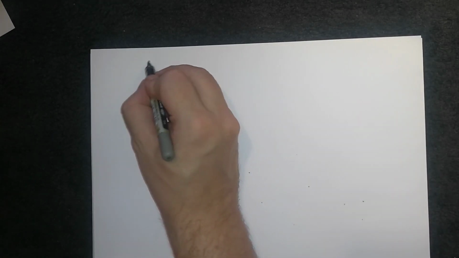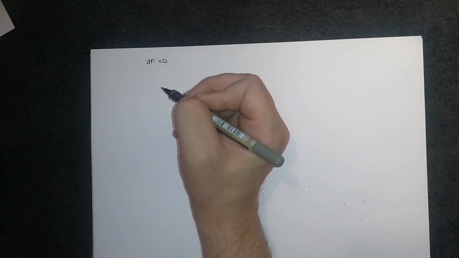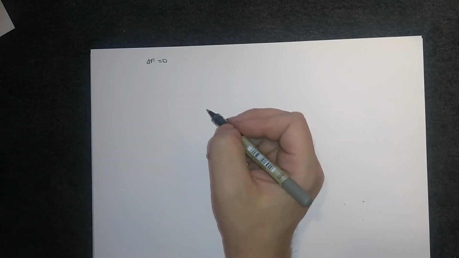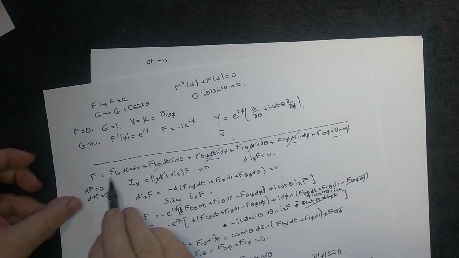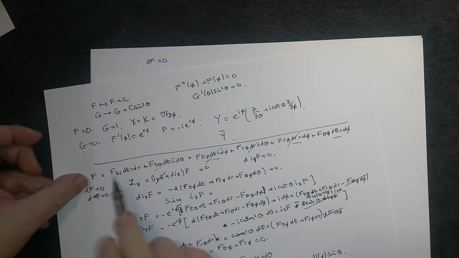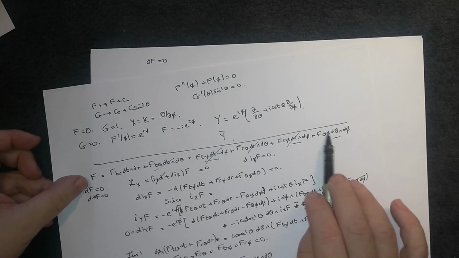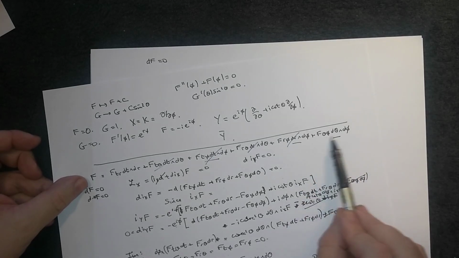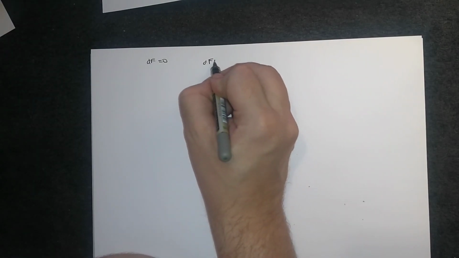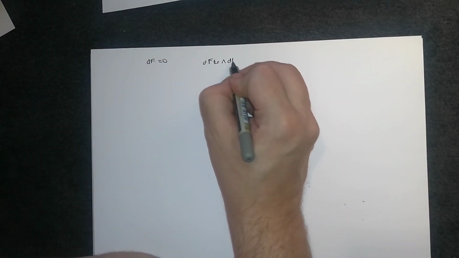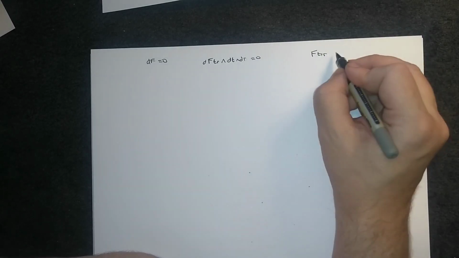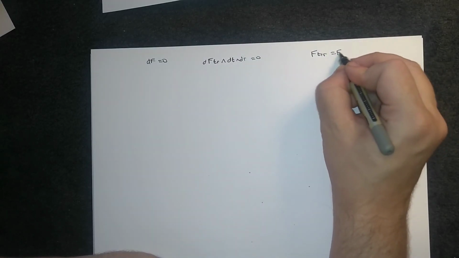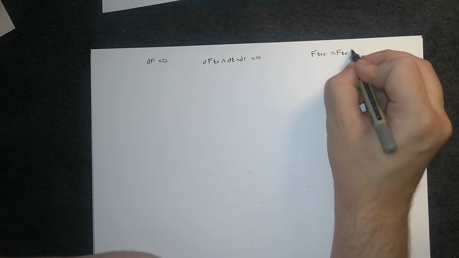Now dF is 0, so from here we still have this term to think about. d of this thing, this is only a function of θ, so d of this is 0, so I have dF_tr wedge dt wedge dr is 0, which shows that F_tr is a function of t and r.